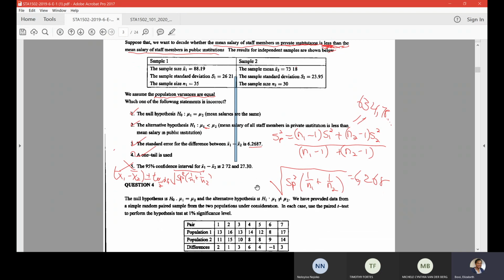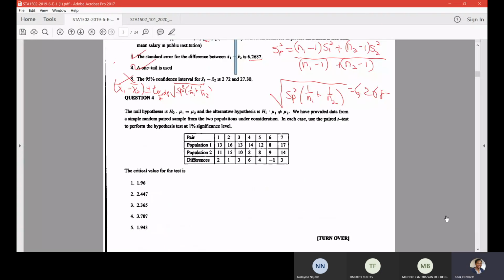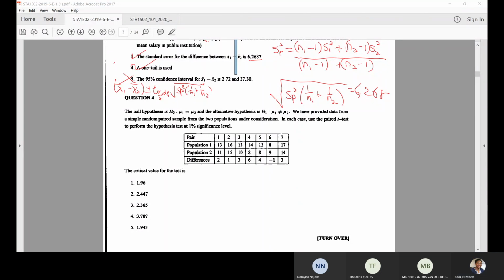Okay, so let's go to the next one, question number 4. It says the null hypothesis is stated as the mean of population 1 is equal to the mean of population 2. The alternative says they are not equal. We have been provided with the data, and this is a simple random paired sample from 2 populations under consideration.